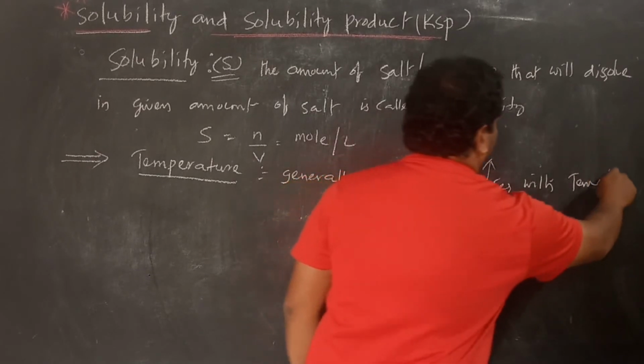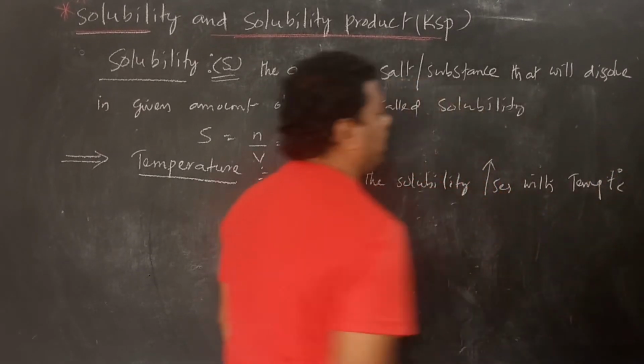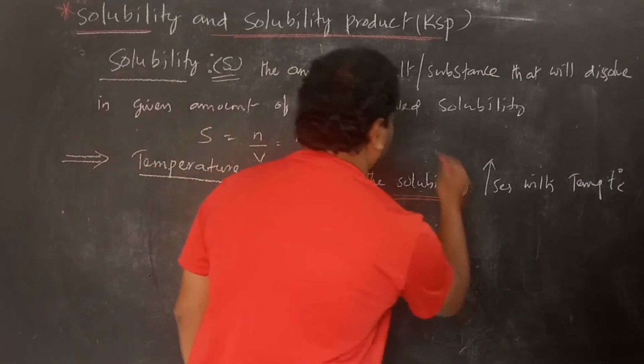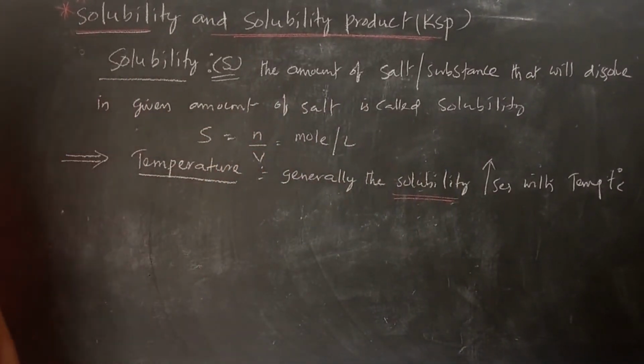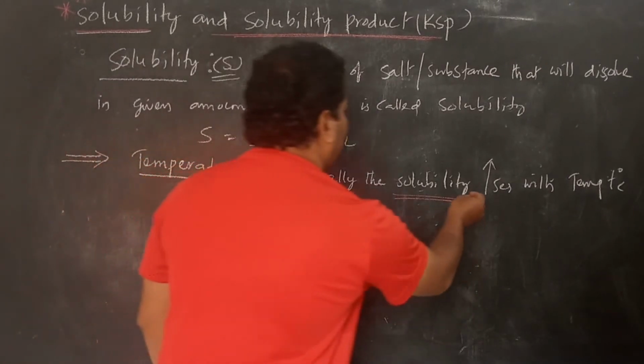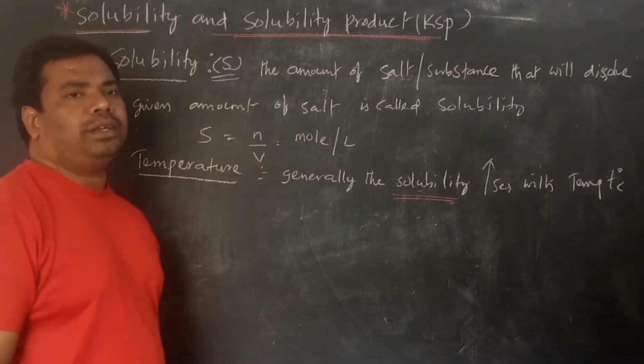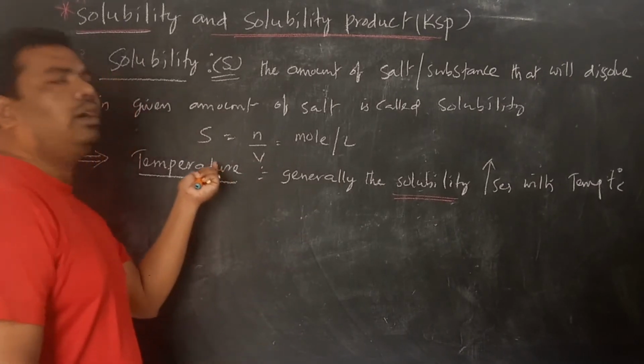So when the temperature increases, the solubility of a salt increases, or if the temperature decreases, the solubility of a salt also decreases. This is the effect of temperature on solubility.